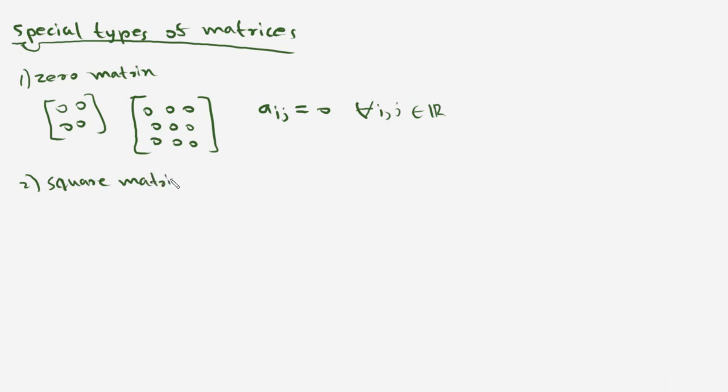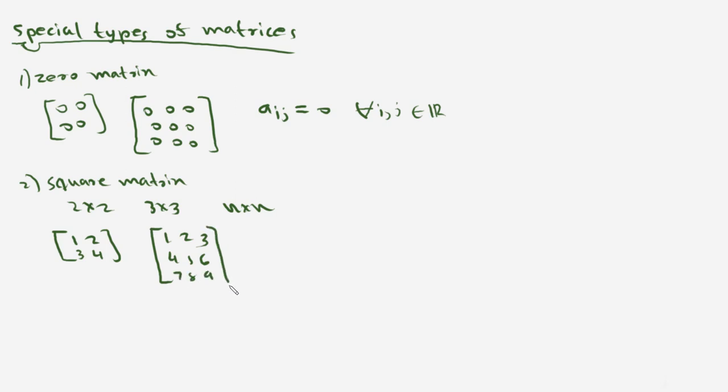If your order is something like 2 cross 2, 3 cross 3, or n cross n, then such a matrix is a square matrix. I can represent this as something like this, and this as something like this. So those are square matrices.